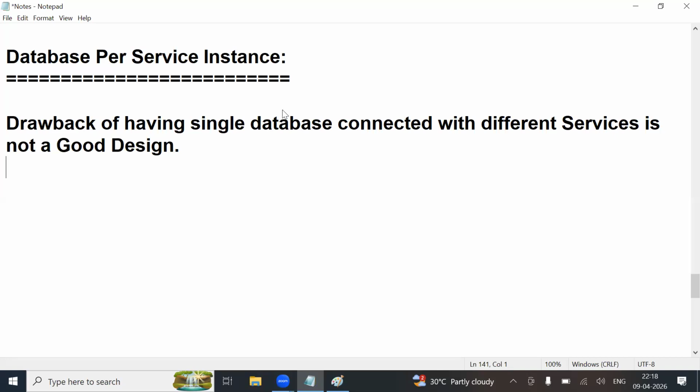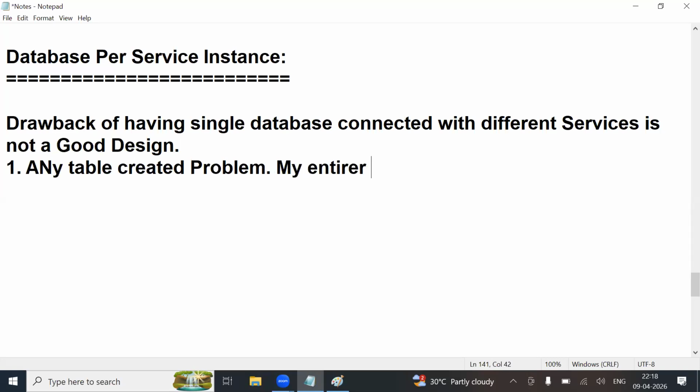Can you tell me? We can face performance issues as well. The first thing is, if any table creates a problem, my entire application goes down. Am I right?